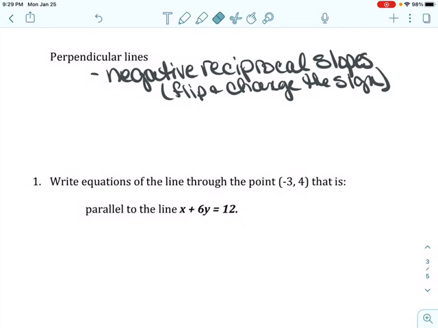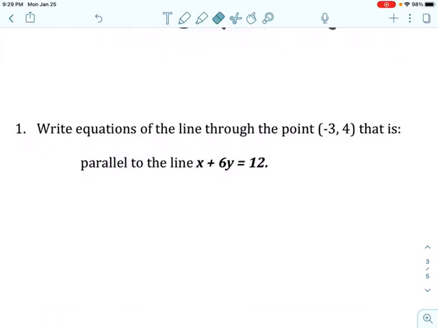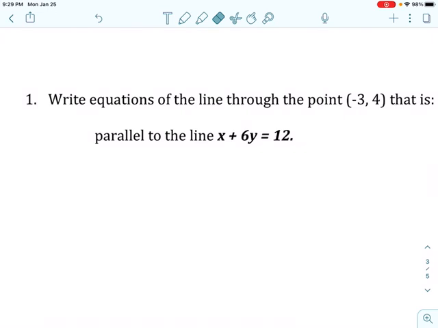We need the slope out of the line that's given to us to use to figure out the parallel and the perpendicular. Okay, so whatever line I'm giving you, you want to find the slope of that line. So we're going to get y by itself here and find the slope. That's the first step.